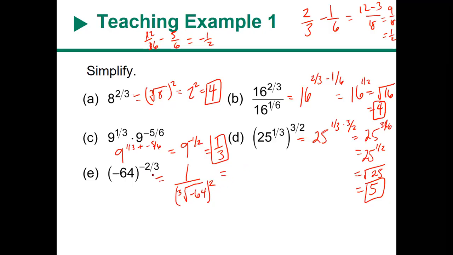The negative from the 64 is still there. So that gives me 1 over, what is the cube root of negative 64? Negative 4. So I have 1 over negative 4 squared, which equals 1 over 16.